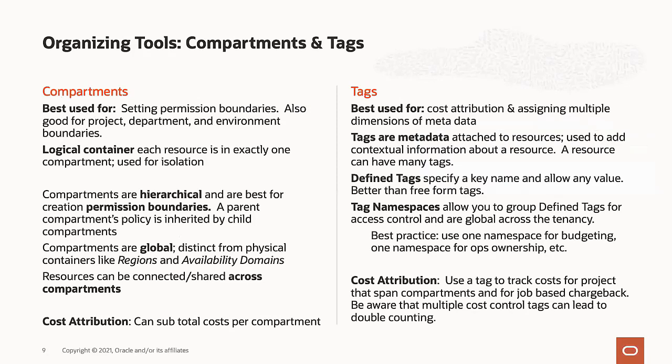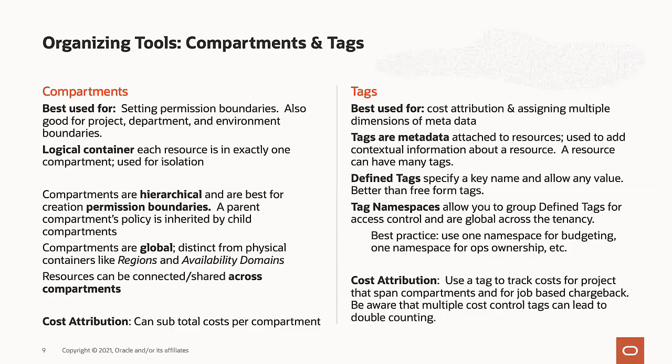All right, and then this last slide here, we have compartments and tags. So this just kind of summarizes some of the things that we've already went over. And there's also some best practices here that we have, such as using defined tags. So like Uma mentioned, all of our new development is going to be around defined tags only.